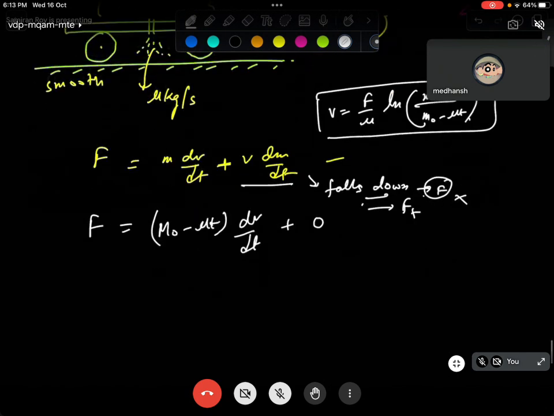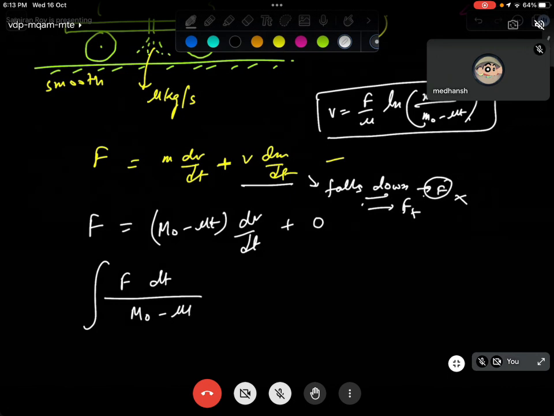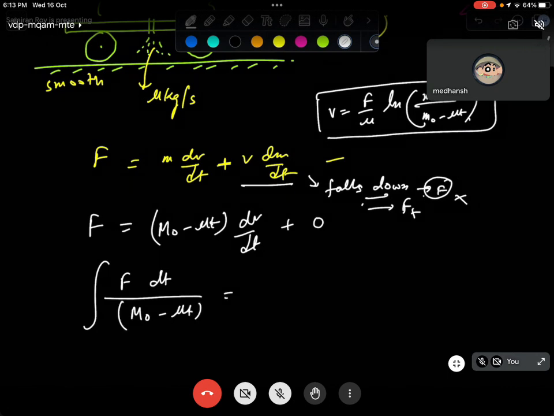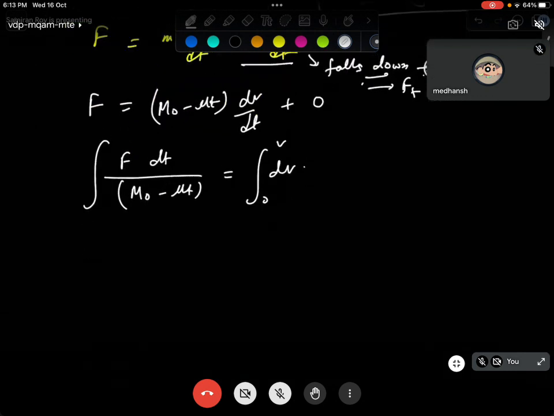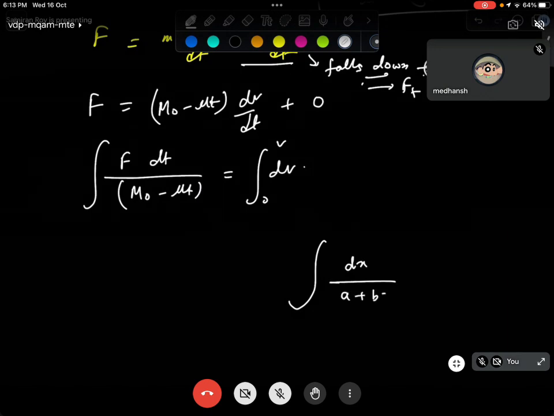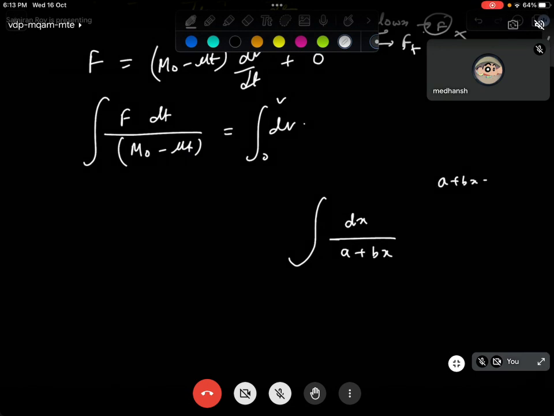Yeah. I'll tell you one thing. Integration of F dt by m naught minus mu t equal to dv from 0 to v. Whenever you have integration of dx by a plus bx, how to do this integration? You take a plus bx equal to p.